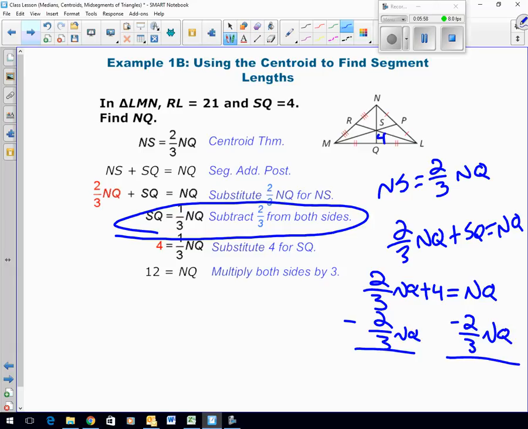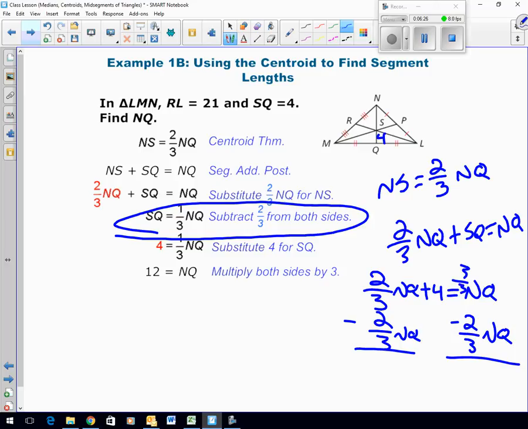If I'm talking in terms of fractions, and my denominator is 3, a full NQ would be 3/3.